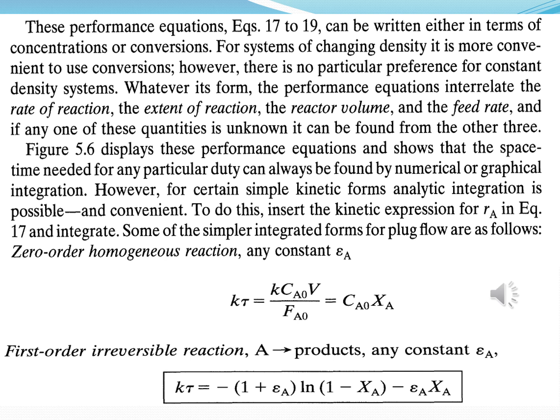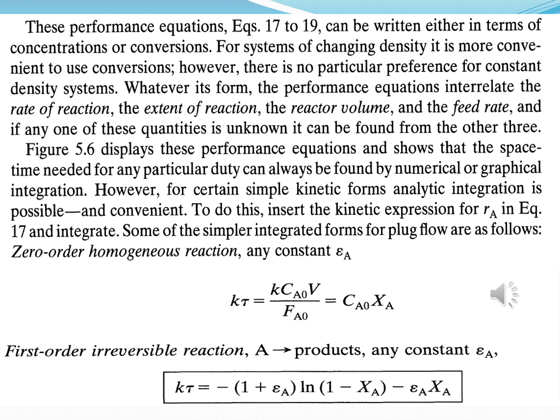Figure 5.6 displays this performance equation and shows that the space time needed for any particular duty can always be found by numerical or graphical integration. So we can solve these integrations to calculate the space time. However, for certain simple kinetics, analytical integration is possible and convenient.